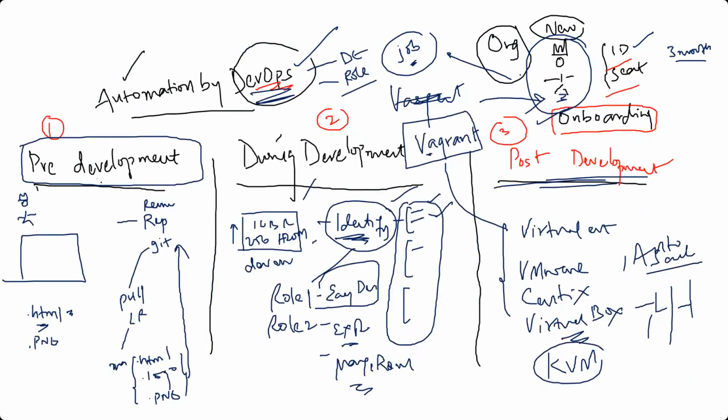In case of pre-development, you get an operating system template with predefined tools that you can use. You open the code editor, you download your code from your own GitHub, your own code repo, into your local machine. You perform the changes, push the code during code review, and then move it to production.